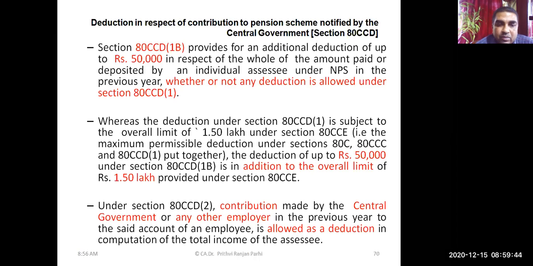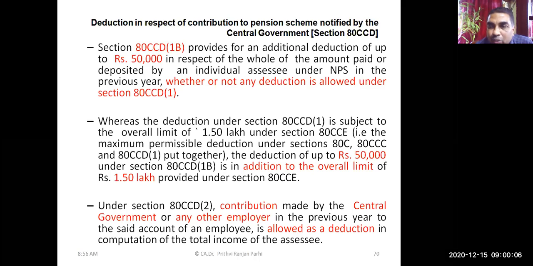Now, one more point we have to remember. Under section 80CCD2, contribution made by the central government or any other employer in the previous year to that specific account, that is, under that scheme, is also allowed as a deduction in computation of the total income of the assessee.